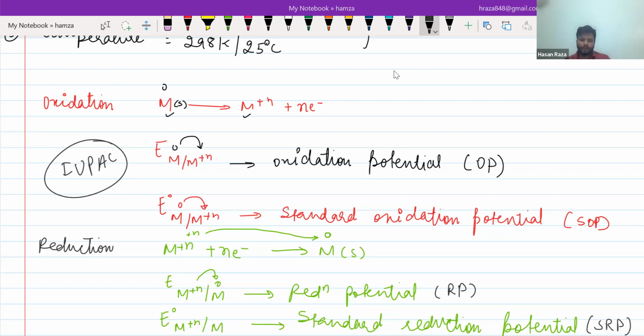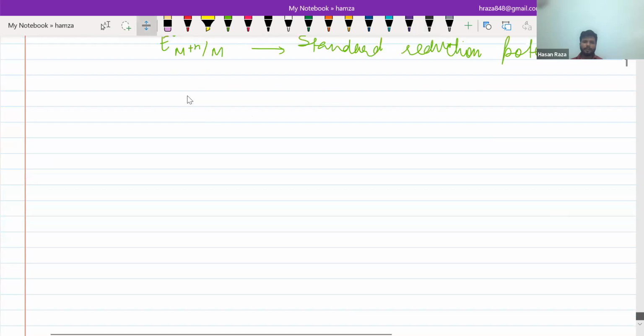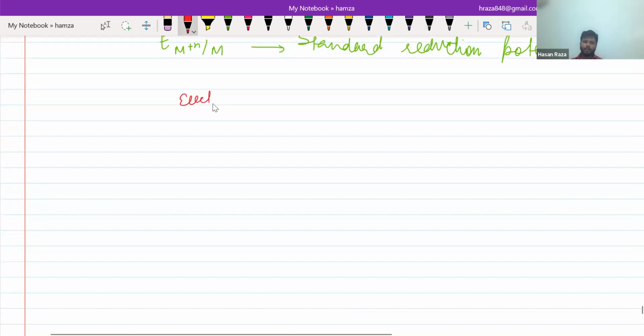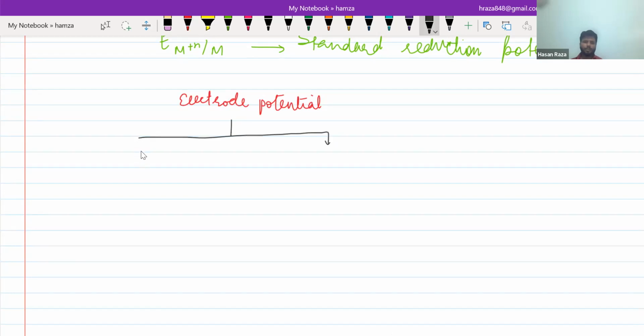Very good. Now see, electrode potential is of two types, that is oxidation potential and reduction potential.